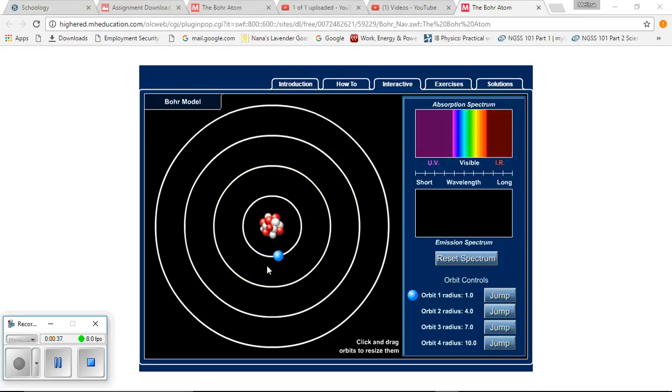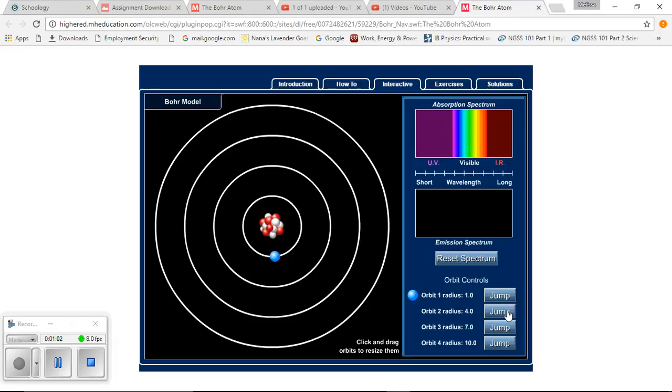And what I'm going to do is take this electron and make it jump between energy levels. As I do that, pay attention to what's happening on the absorption spectrum and or the emission spectrum. So the first one I'm going to do is jump from energy level 1 to energy level 2.